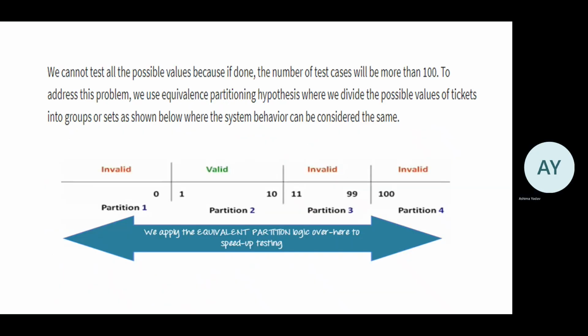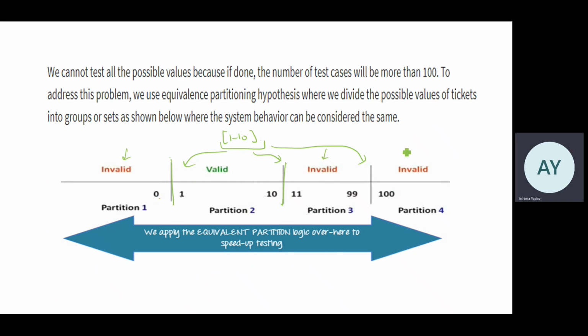As you can see, they have defined different partitions. They are partitioning based on the input. The domain is 1 to 10, and based on it they are partitioning. Less than 1 is invalid, greater than 10 is again invalid.